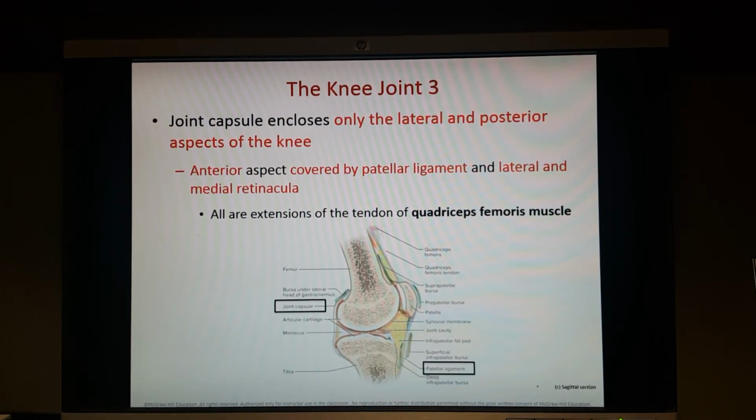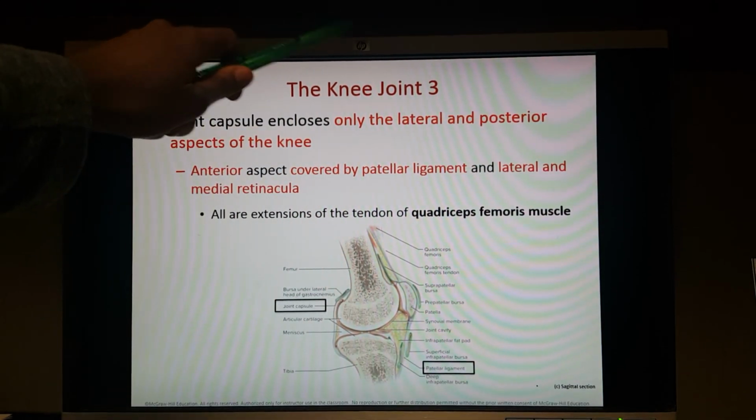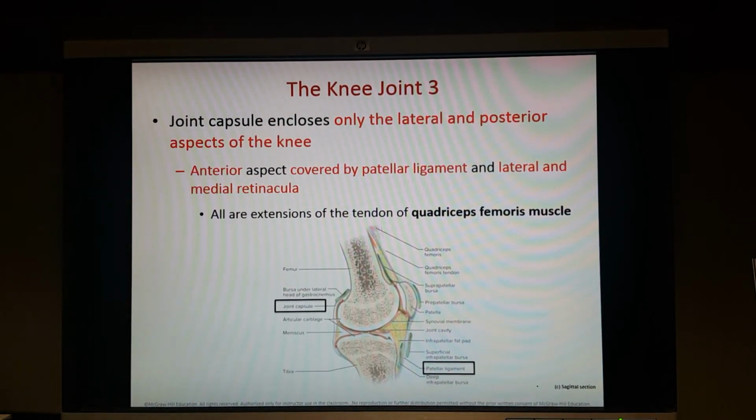For the knee joint, the joint capsule only encloses the lateral or side portions and back parts of the knee. The anterior or front portion is covered by the patellar ligament. These are parts of the tendons from the quadriceps femoris muscle, our big quad muscle that goes over the thigh region.